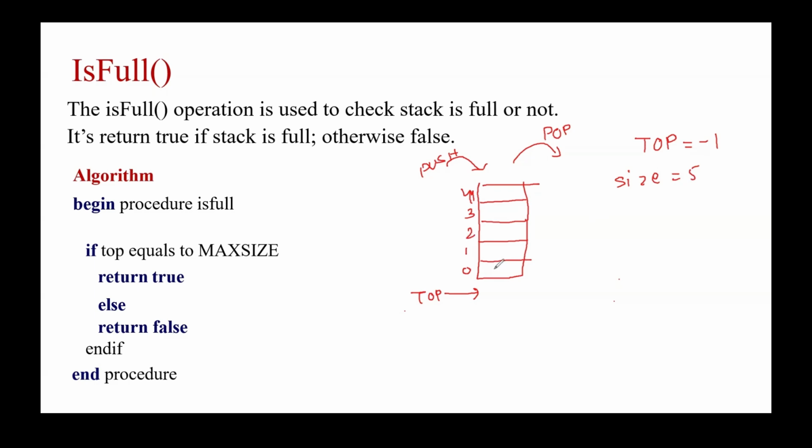So what happens? We insert values. For example, we push value 10, then 20, then 30, then 40, then 50. After that, if we want to check whether it is full or not, we check if top is equal to maximum size. Max size is always the length of the stack minus 1.